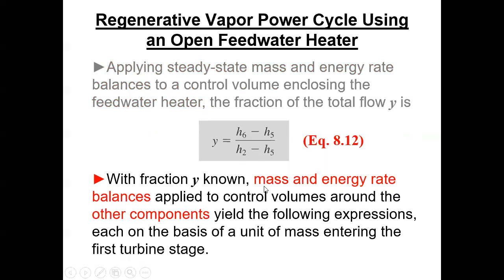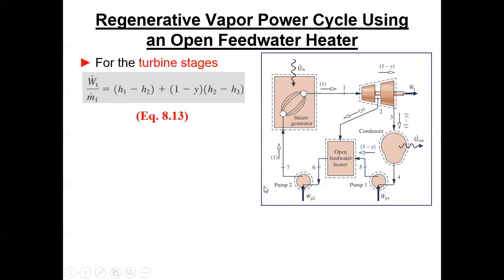That will then tell you, with that extraction fraction Y known, mass and energy rate balances applied to the control volumes around the other components give us the following. For the turbine, you put the multiplier out in front of the enthalpy difference. The multiplier going into that first turbine is 1 because you have all of your steam together, so you get the full enthalpy difference, H1 minus H2.